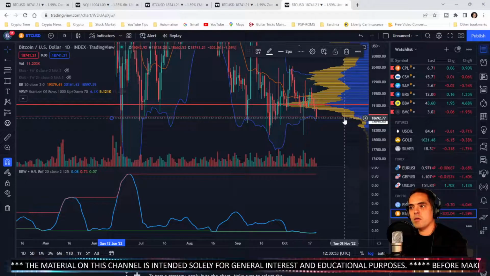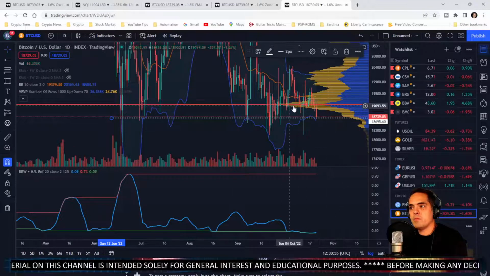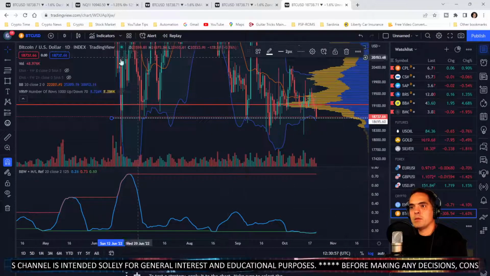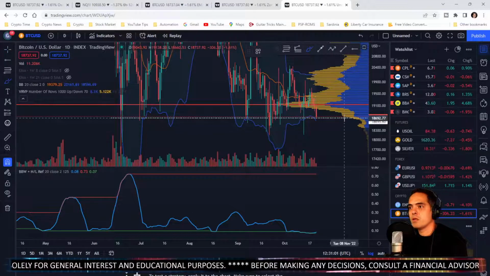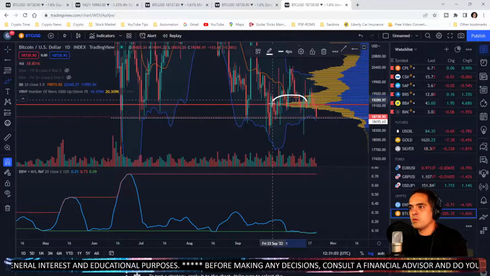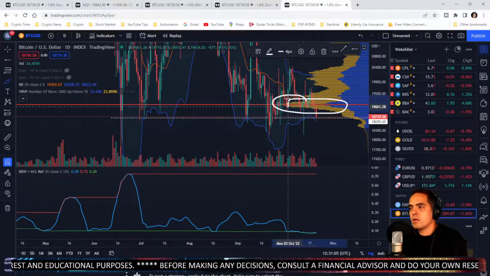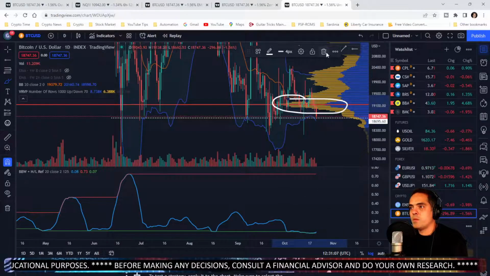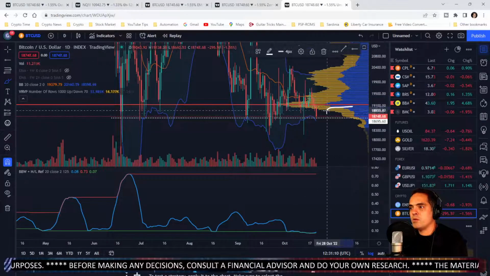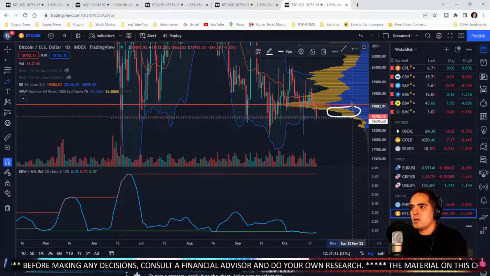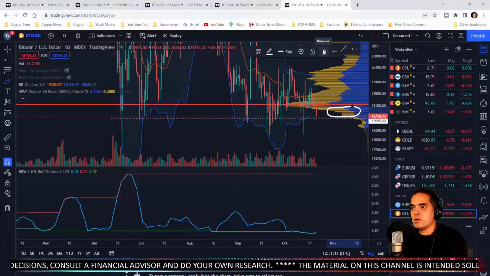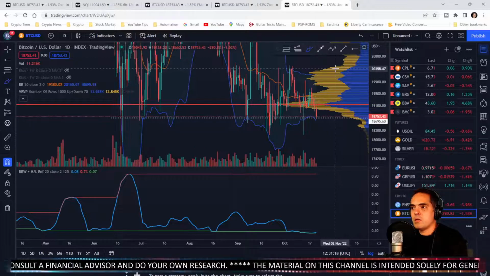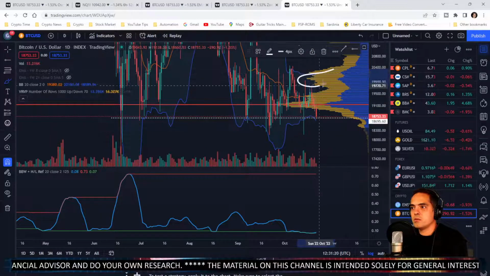So we have the main zone here, but then here we have the end of this support or zone of interest. And then here we have zones of resistance.